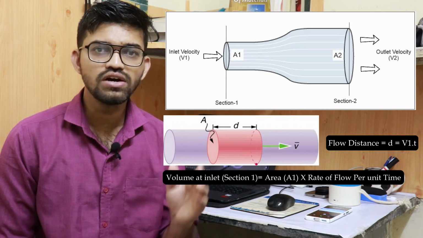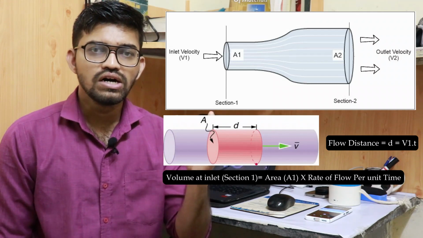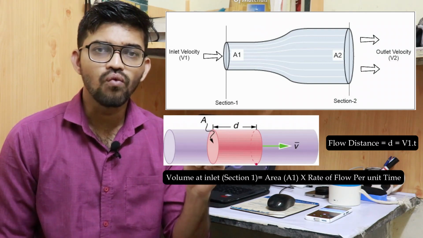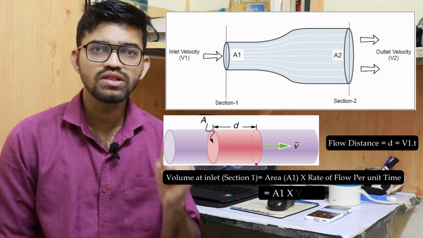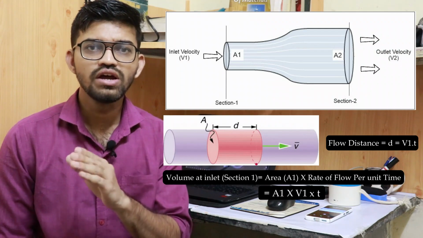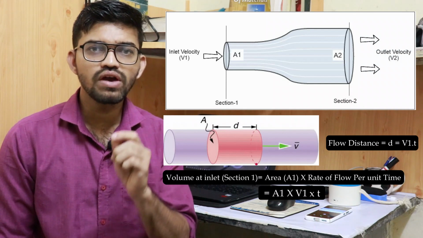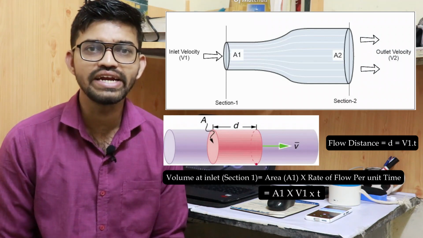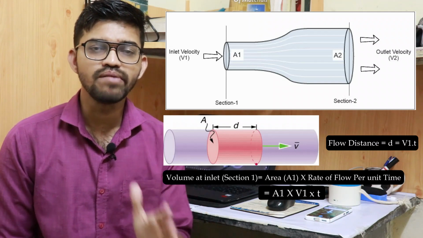So we can use the formula to get the volume of the fluid at the inlet. V1 is equal to A1 into v1 into t, where A1 is the area at the inlet, v1 is the velocity at the inlet, and t is the time.